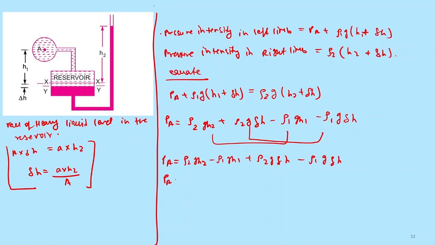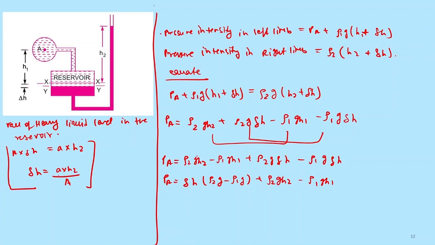We will get PA equal to del H, if we are arranging it, del H times (rho 2 G minus rho 1 G) plus rho 2 GH2 minus rho 1 GH1.